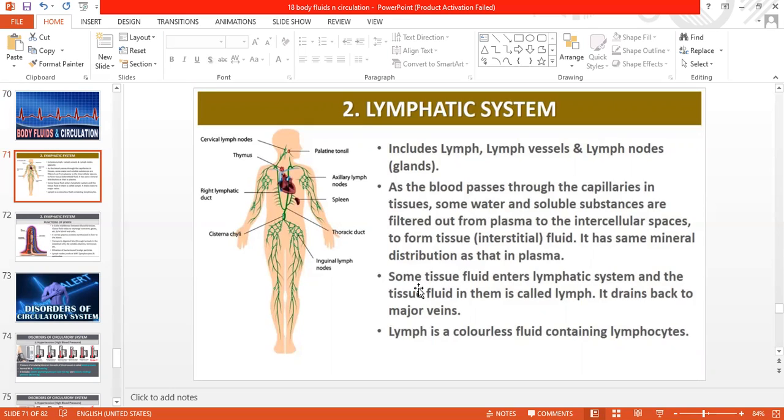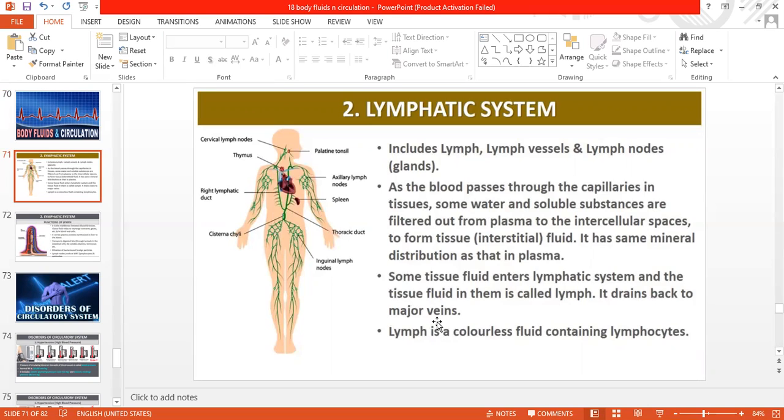Some tissue fluid enters the lymphatic system and the tissue fluid is then called the lymph. You can see the green color vessels, these are the lymphatic system. And what is its function? It drains back to the major vein.